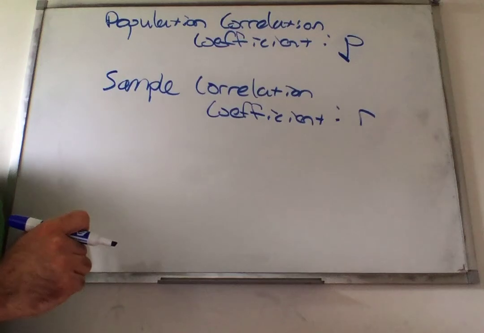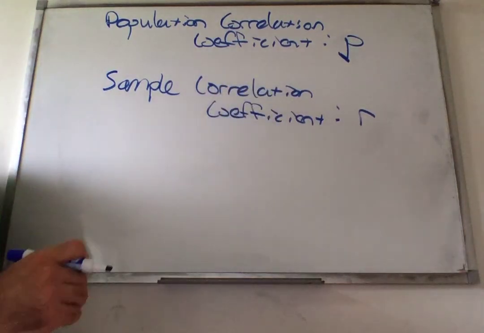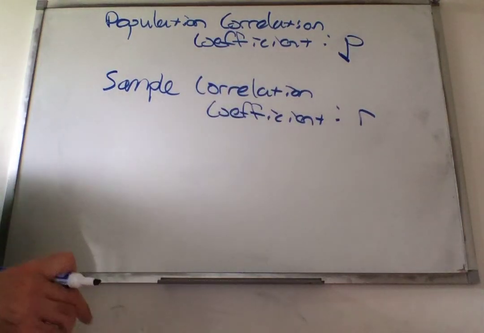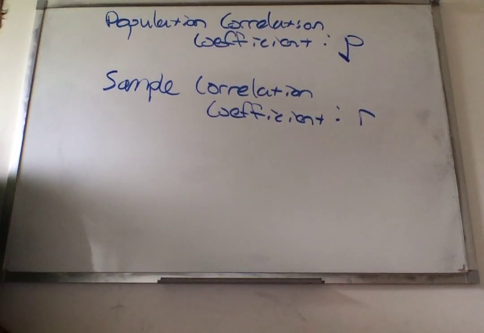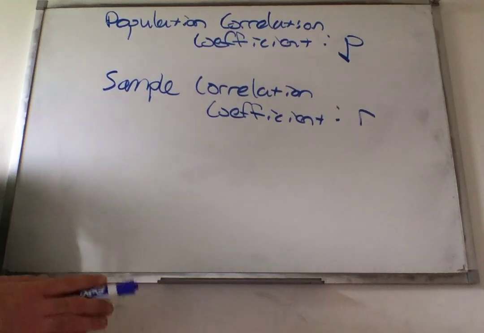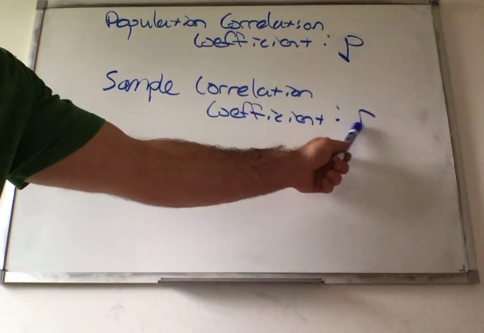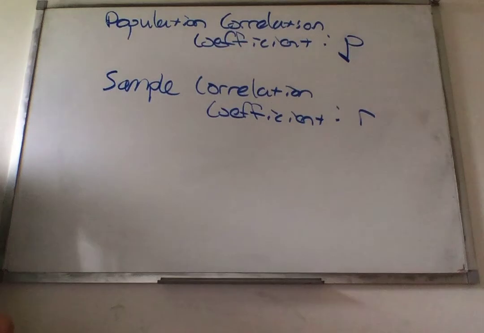So, R tells us the strength and direction of the linear relationship between our independent and dependent variables. We want to know how strong of a relationship, or how close to plus or minus 1 does this need to be for us to be able to use the regression equation to predict values?